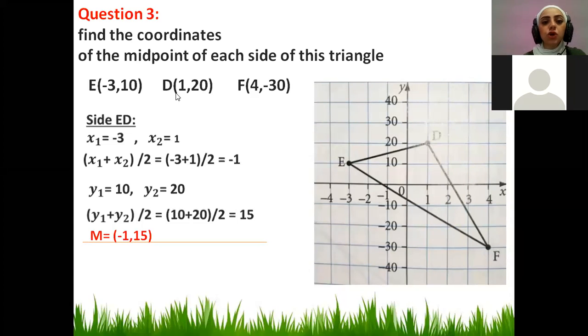Yes, excellent. So 1 plus 4, 5. And 20 plus negative 30 is negative 10. Is that the midpoint? No, we have to divide it by 2. Equal the average. Half of 5 is 2.5. And half of negative 10 is negative 5. Excellent. So the midpoint of DF is 2.5 and negative 5.